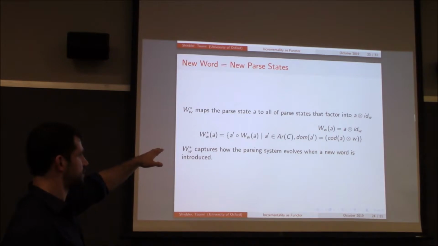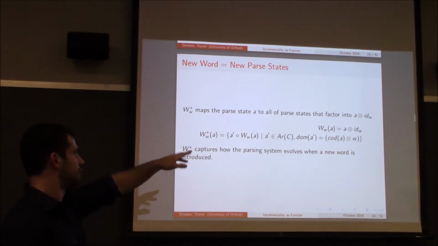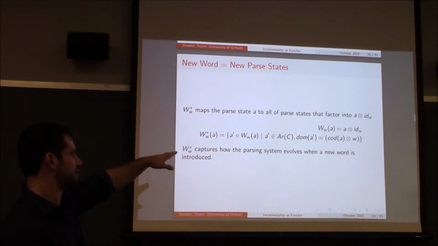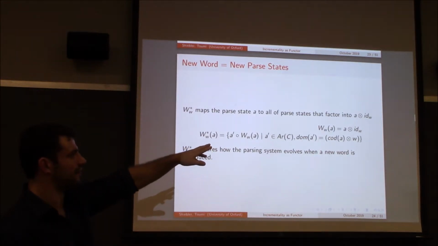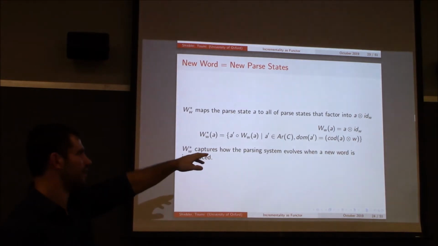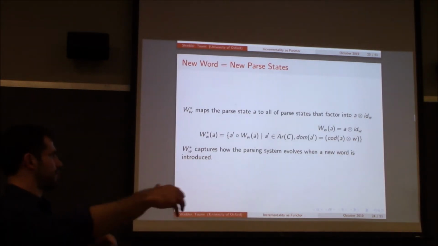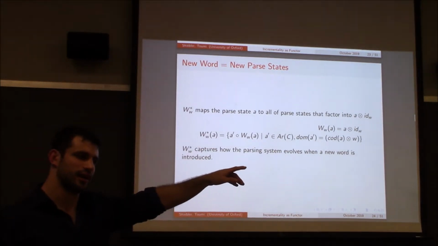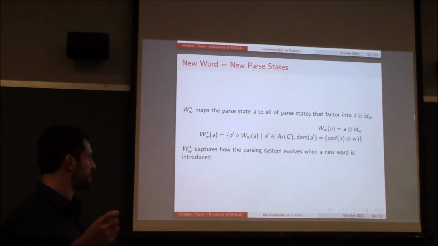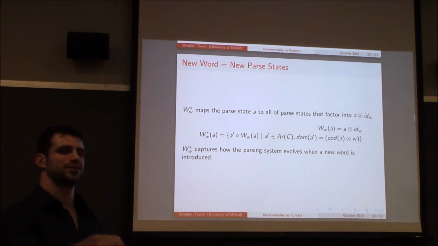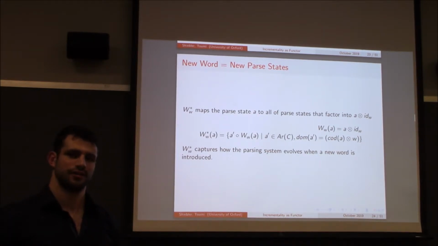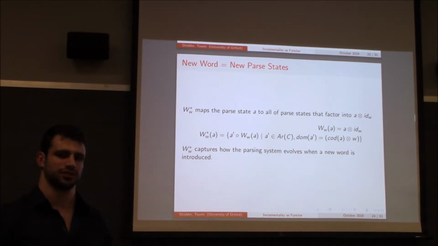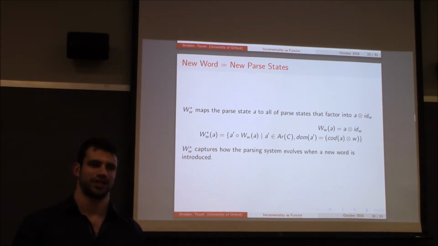So this is a mapping from an arrow to all of the arrows that we can express as some other arrow in our grammar composed with the original arrow tensored with the identity. Basically any arrow that we can factor back to our original parse states and the new word added. So this is all of the possible parse states. Assuming that we fix our understanding of the first half of my sentence, what are all the possible understandings that we can get afterwards?